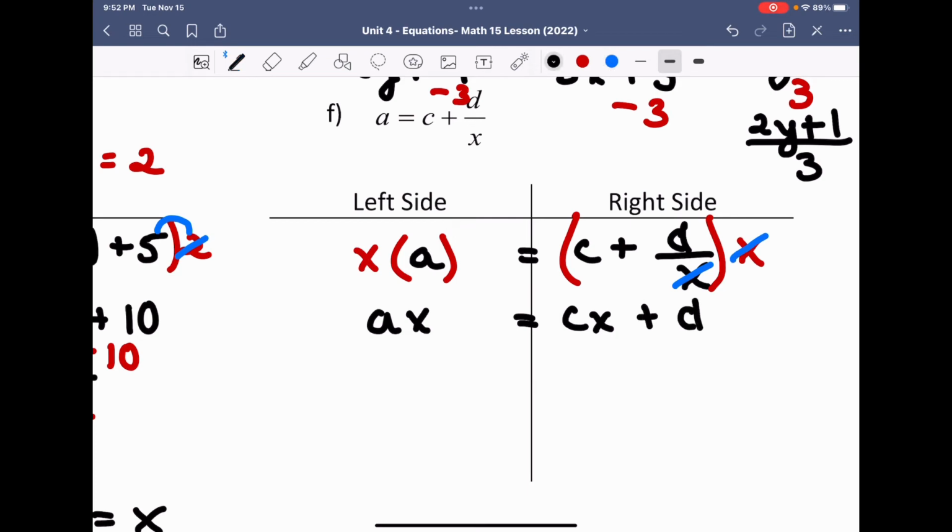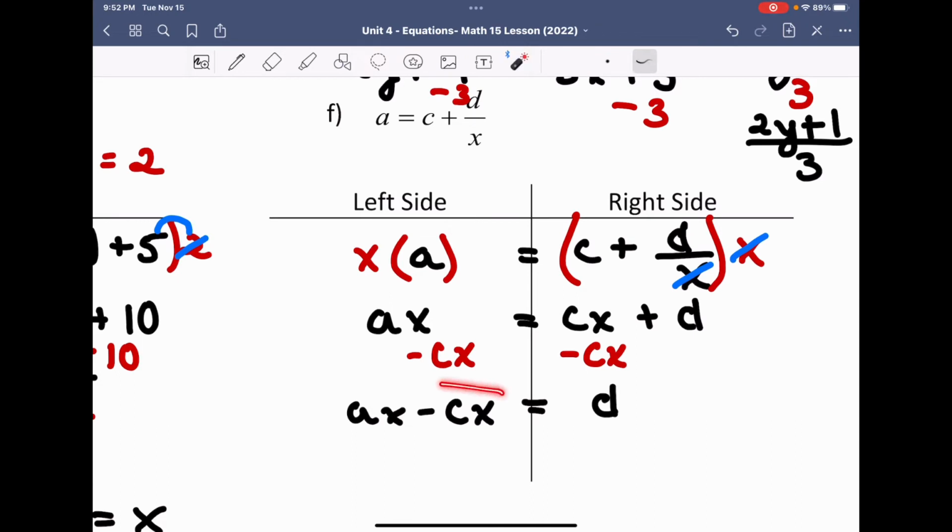Here's where things get a little unique compared to some of the previous problems. If we have multiple terms with the same variable we want to isolate for, we have to move everything with that variable onto one side and everything else onto the other. I'm going to subtract away cx from both sides, leaving me with ax minus cx is equal to d. Well, what is my GCF, or the common term on the left-hand side here? They both share an x.